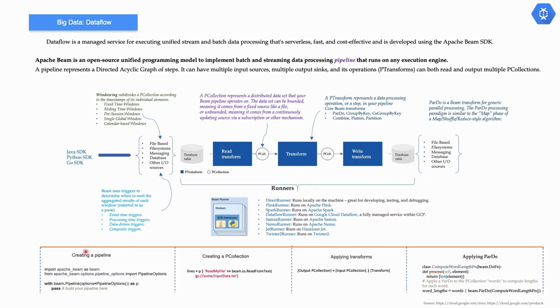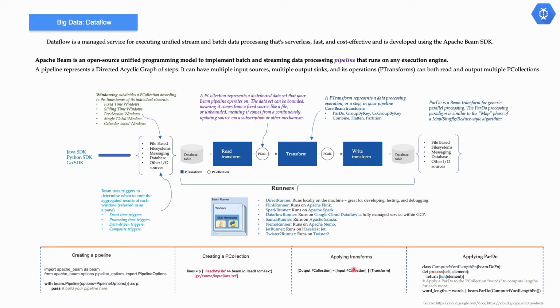In terms of how the code looks, this is how you create a pipeline. You import the libraries from Apache Beam, and the with clause denotes where the pipeline starts. Then you put different steps, creating a PCollection, which in this case is reading a file and creating a distributed data set off of it.